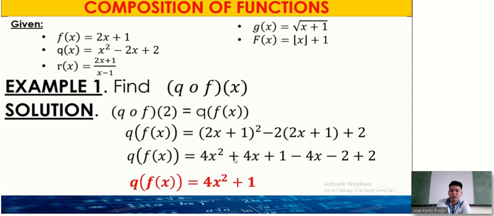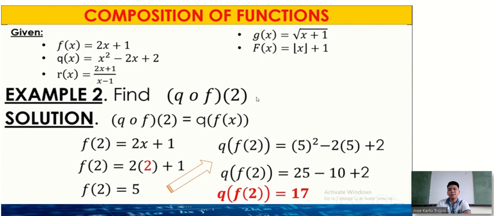Then combine like terms, you will have 4x squared, no other term with the same degree, so just copy 4x squared. Plus 4x minus 4x, that is 0. And then you also have negative 2 plus 2, that is 0. You're only left with positive 1. So this is now your final answer.